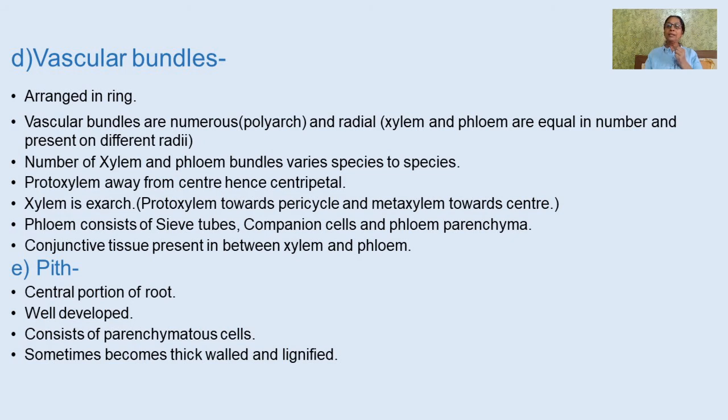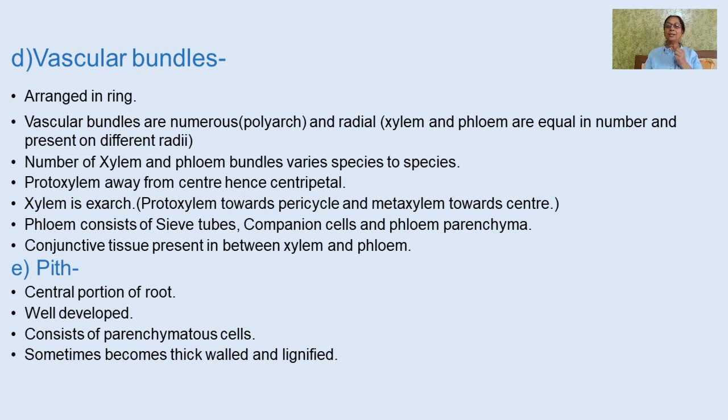Xylem in this case is exarch in condition. Exarch means the protoxylem is towards the pericycle, that is the outer side, and the metaxylem is towards the center. Phloem consists of sieve tubes, companion cells, and phloem parenchyma. As you all know, the conjunctive tissue is present in between the xylem and phloem.